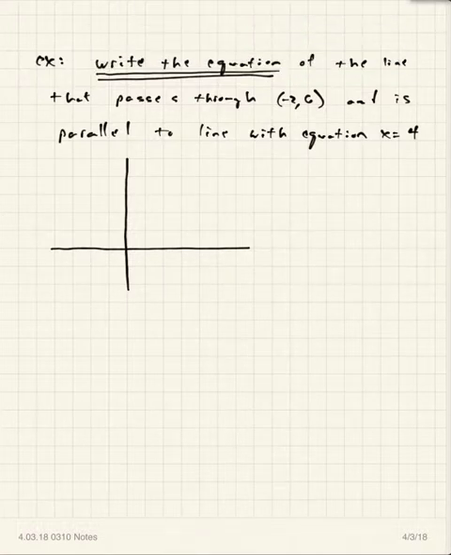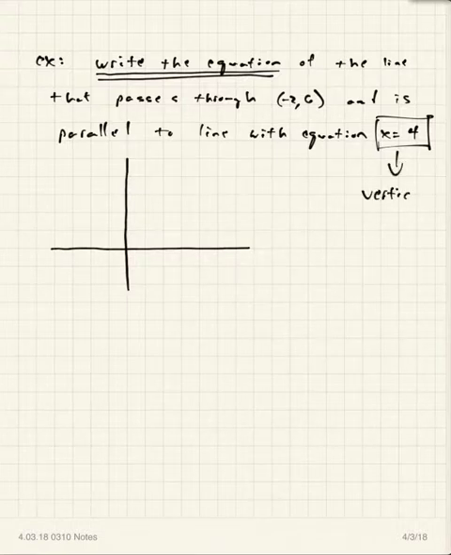So what about x equals 4? What kind of a line is x equals 4? Vertical. Yep, that's right, it's a vertical line. And so x equals 4 looks like this. 1, 2, 3, 4 is this line right here. And now what do we have? We have a line that passes through (-2, 6).